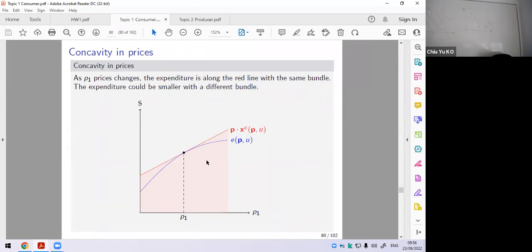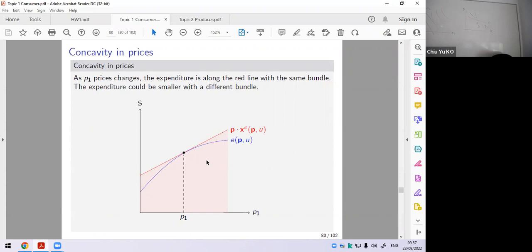Suppose I always buy 3 units of good 1, 4 units of good 2, 5 units of good 3. P2 and P3 are not changing, fixed, and only P1 changes. If P1 goes up and down, the expenditure just changes linearly. This line is where you keep the same optimal bundle at that price, without changing anything.